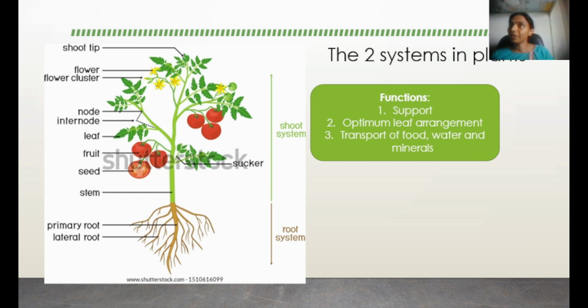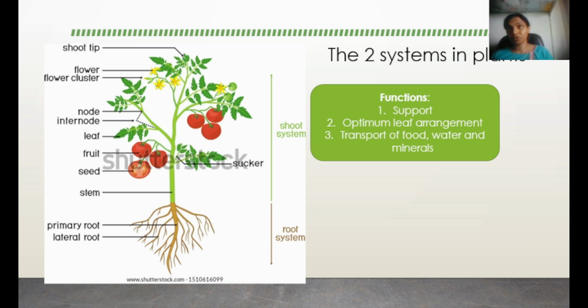Another very important function of the stem is, of course, the transport of food, water, and minerals. Water and minerals are absorbed from the root. They have to be transported through the stem to the other parts of the plant, like the leaves, the fruits, and the flowers, right? To the highest parts of the plant also, the water and minerals have to reach. At the same time, the stem also provides the transport system which takes the food that is prepared in the leaves to all the other parts of the plant.